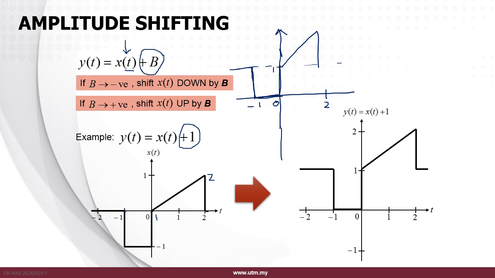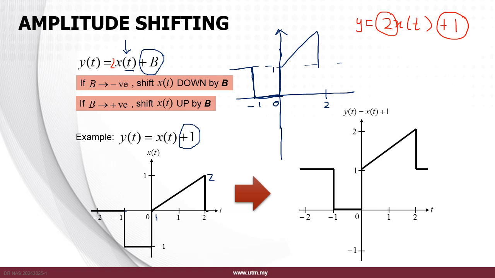Okay, so what happens if you have a different variable in front of x? If you have 2x, for example, if you have y = 2x(t) + 1, you know that the signal is shifted up in amplitude by 1, and you have amplitude scaling by 2. So what does amplitude scaling mean?